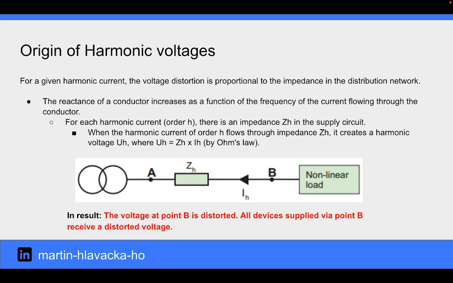For each harmonic order, there is an impedance in the supply circuit. When harmonic current flows through the impedance, it creates a harmonic voltage. As a result, the voltage at the point B is distorted. All devices supplied through point B receive a distorted voltage.